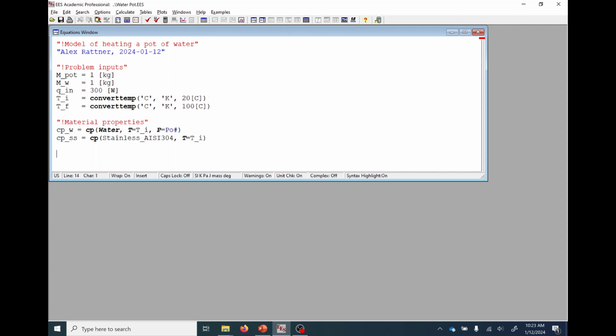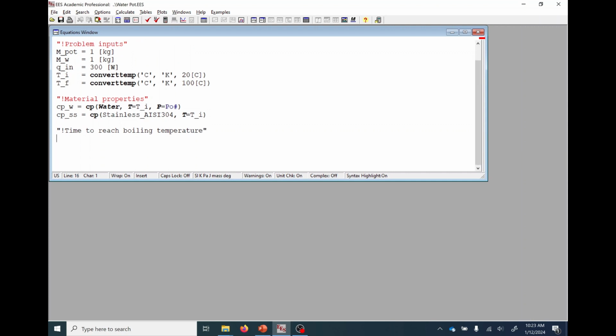Okay, so now the last step here is we actually want to calculate our output, which was the time to reach the boiling temperature. So we worked out the calculation earlier that the time it takes is going to go as follows. It's going to be equal to the final temperature of 100 C minus the initial one, Ti, divided by the time it takes to boil.